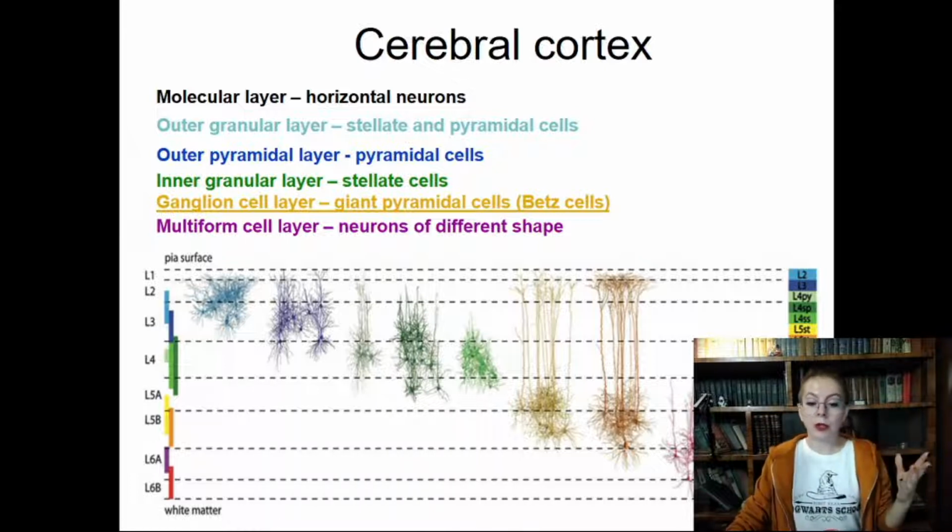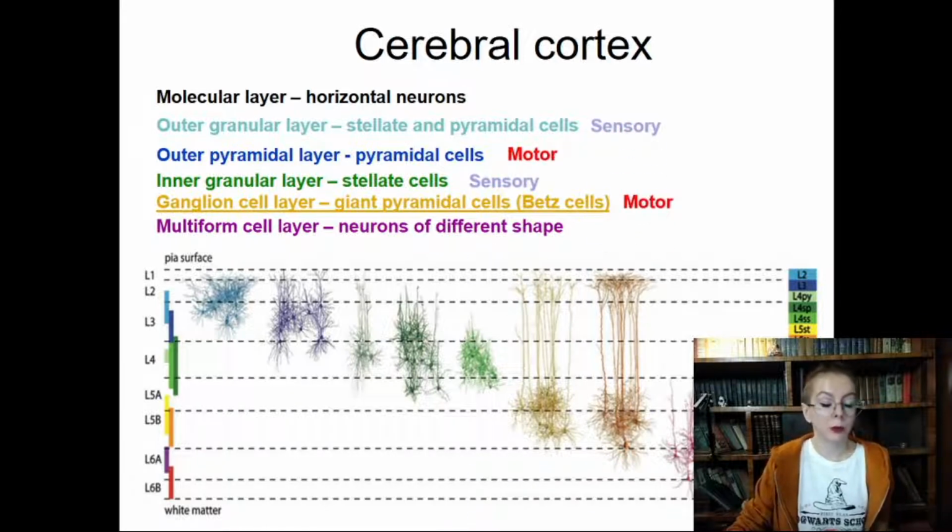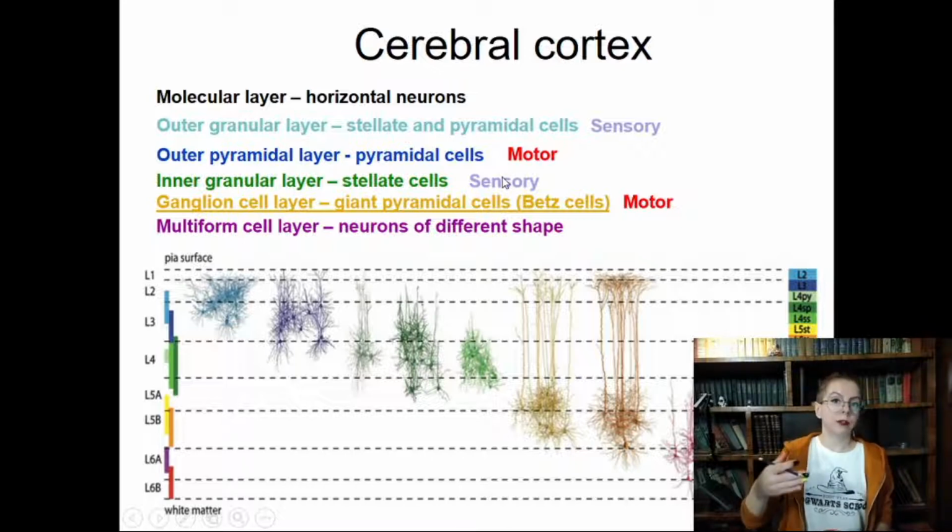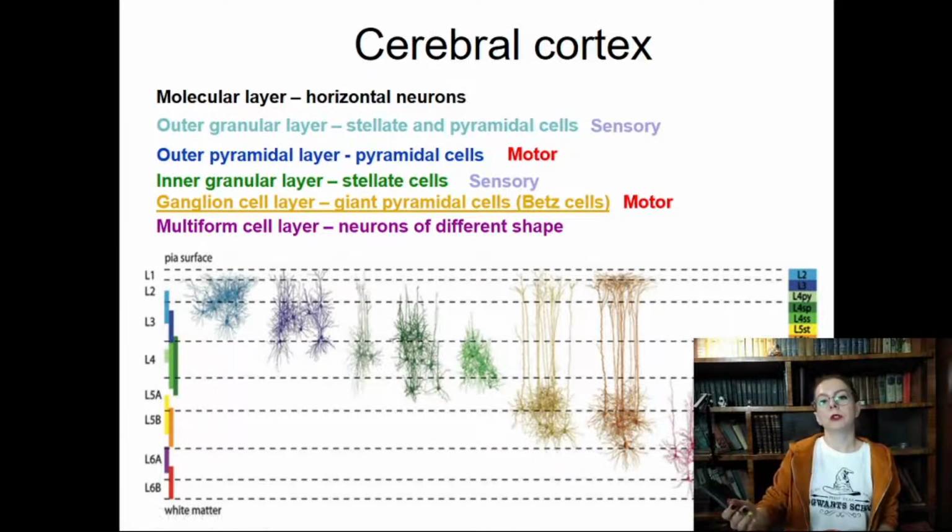So taken together, what is especially important is that granular layers are responsible for sensory functions. So they get the information, they analyze the information, while pyramidal layers are responsible for motor functions.